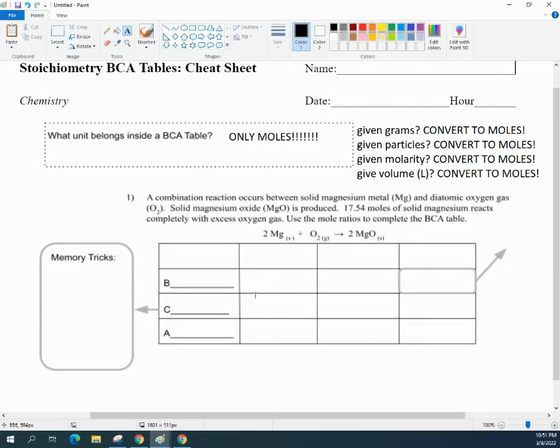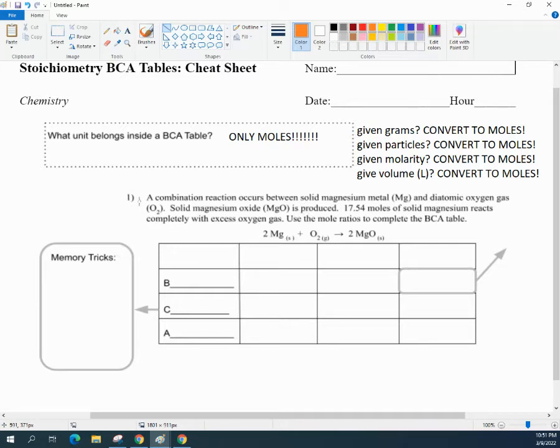Everything in stoichiometry is going to be in the form of a word problem, so it's important that we pay attention to these with a really good analytical eye. We're reading these and we're annotating them.